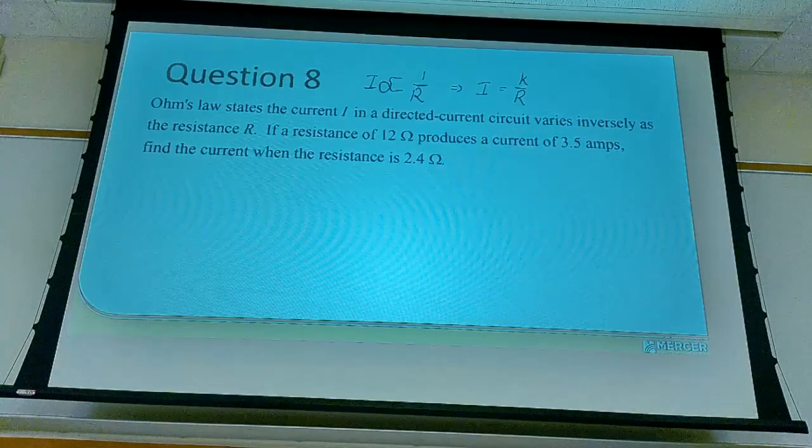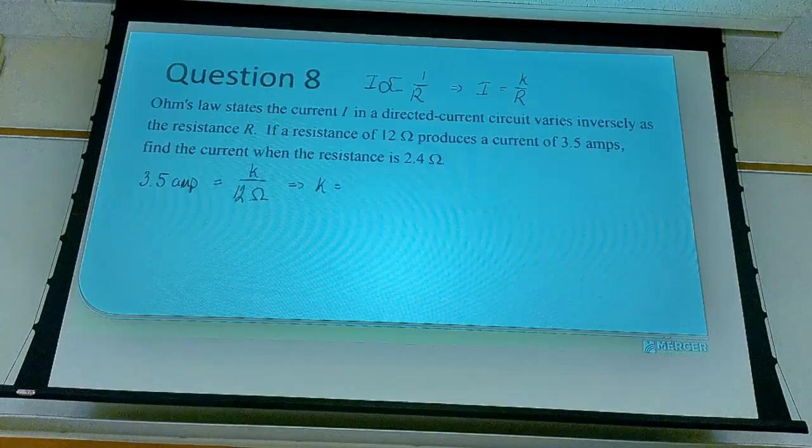Resistance of 12 ohms produces a current of 3.5 amps. What is K?